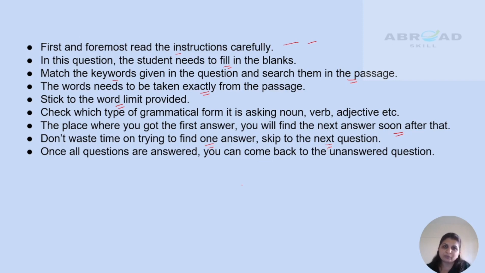If you are not able to find one answer, go to the next one. Once all the questions are answered, you can come back to the unanswered question. Or else, while answering the second, third, fourth questions, you might get the answer for the first or second, whichever is unanswered. Okay, pretty enough.